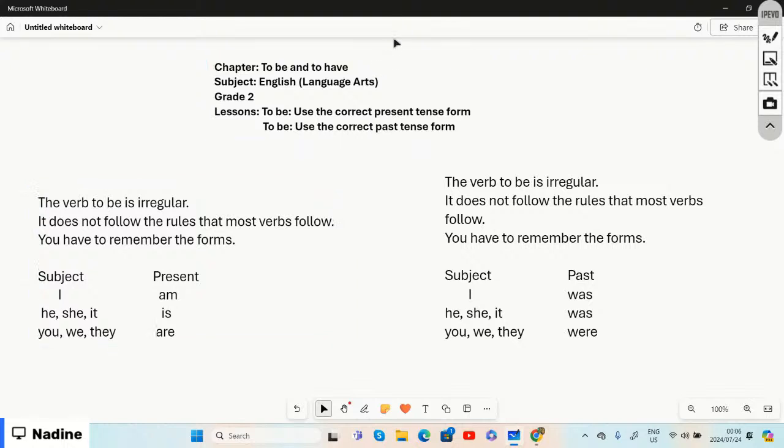And remember we said that if the verb is irregular, all right. So the verb is irregular, and when you say that it is irregular, that means that it changes, right? It changes its form.